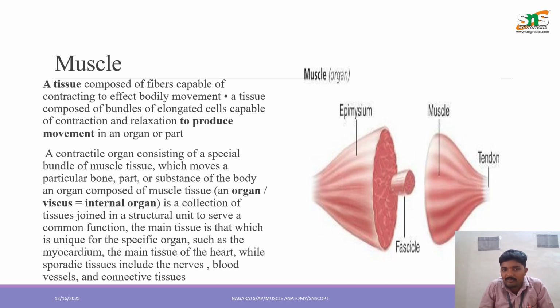An internal organ is a collection of tissue joined in a structural unit to serve a function. The main tissue determines the organ, such as the myocardium, the main tissue of the heart, while sporadic tissue includes nerves, and blood vessels are connective tissues.